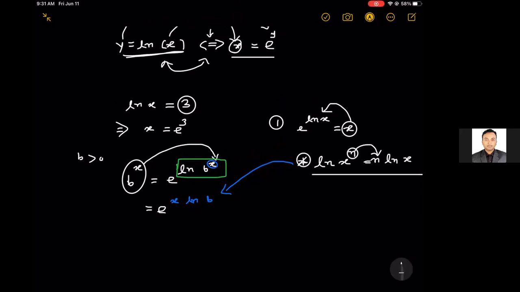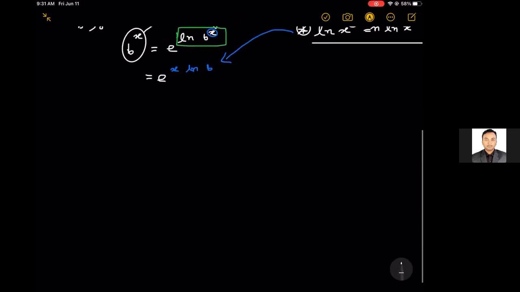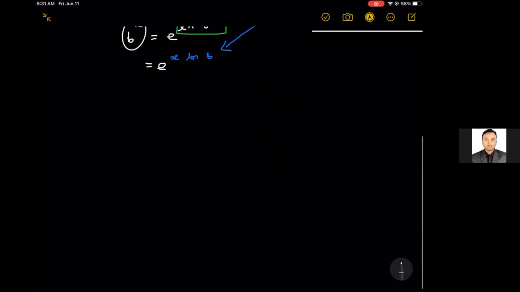Okay, now we want to learn some basic derivatives, I mean, the formulas of derivatives from this part. Previously, we have seen the derivatives of the trigonometric functions, sine, cosine, tangent, and all that.